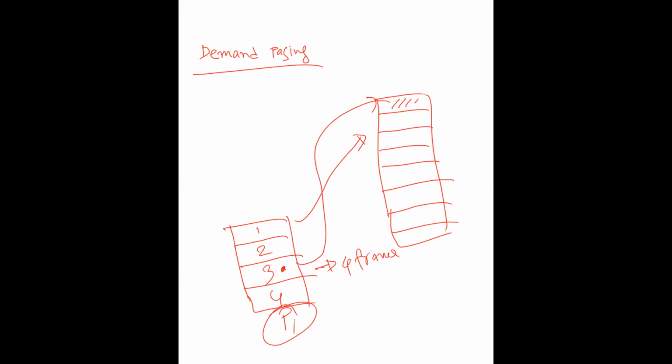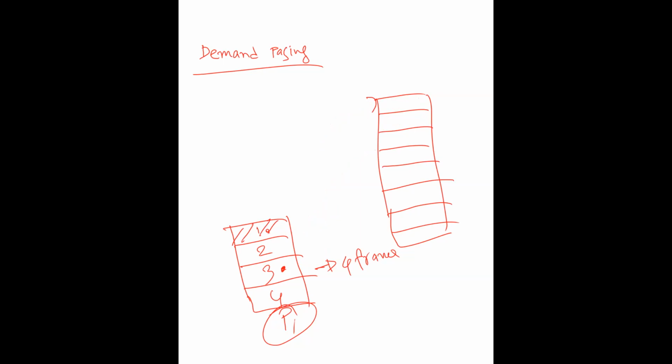Now let's say this page is inside the RAM, and then again the CPU requests data, but this data is inside page number 1. Then the OS will load this page. So what happens here? There are no pages inside the RAM at the beginning.